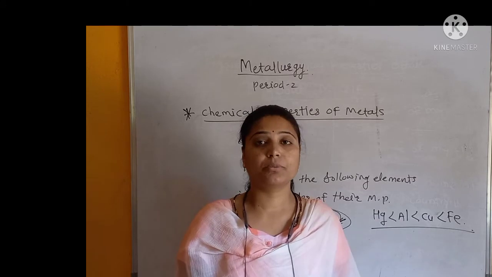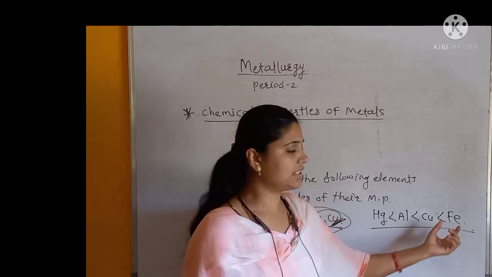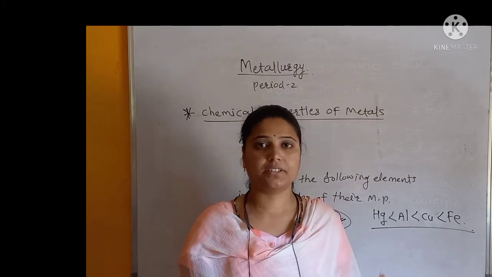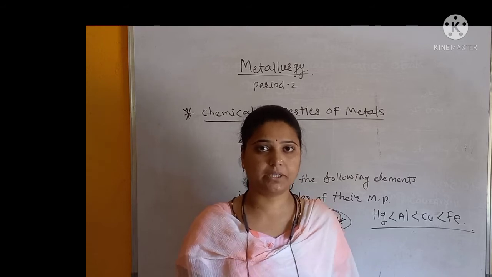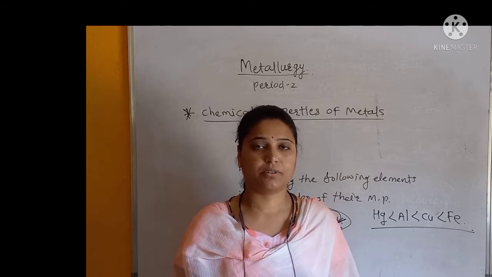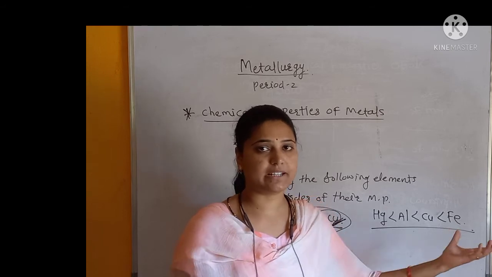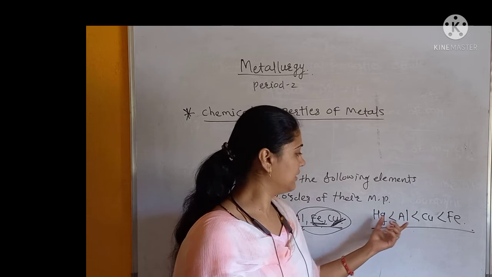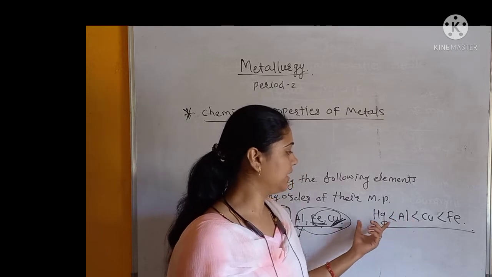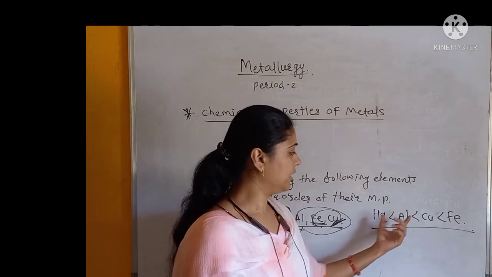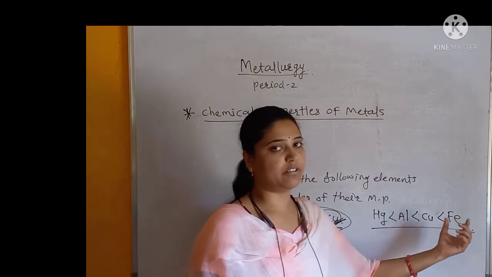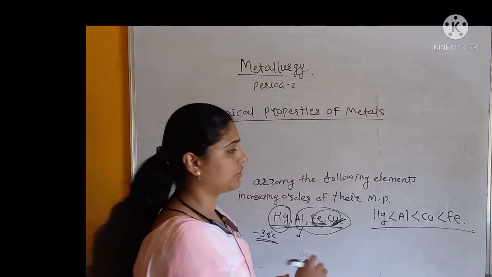Copper is used in home utensils. And last is iron. Iron is used for making buildings and iron rods, so it is the hardest element compared to the others. Hence the increasing order of melting point is mercury, aluminium, copper, and then iron. This is the correct option.